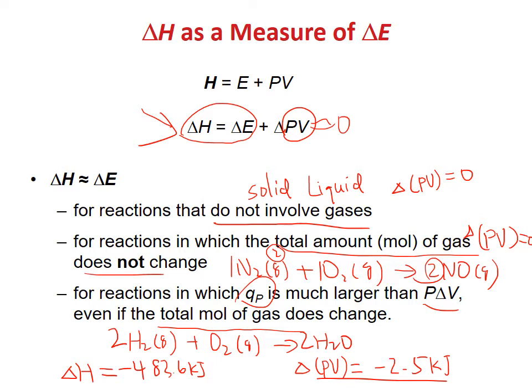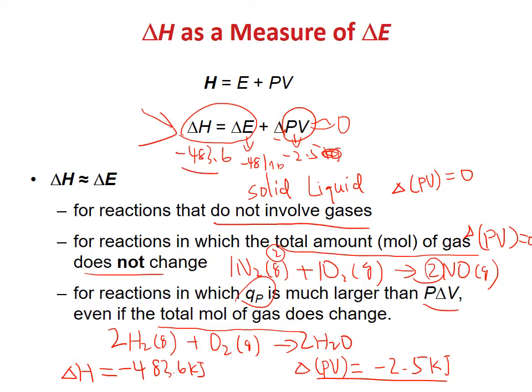According to the definition, enthalpy equals energy plus PV. So delta H, which is negative 483.6, equals delta E plus delta PV, and delta PV is negative 2.5 kilojoule. If you use this equation, you can calculate delta E as negative 481.1 kilojoule.